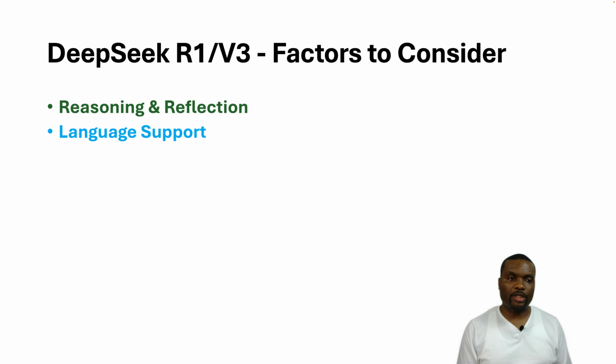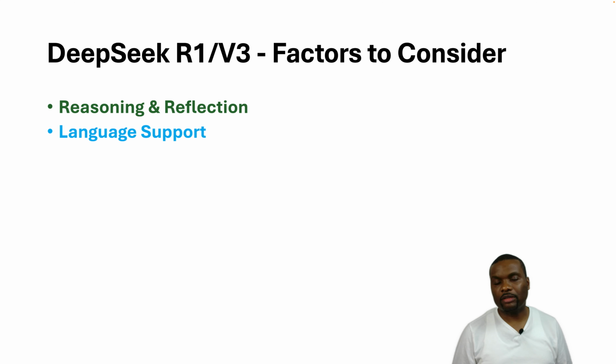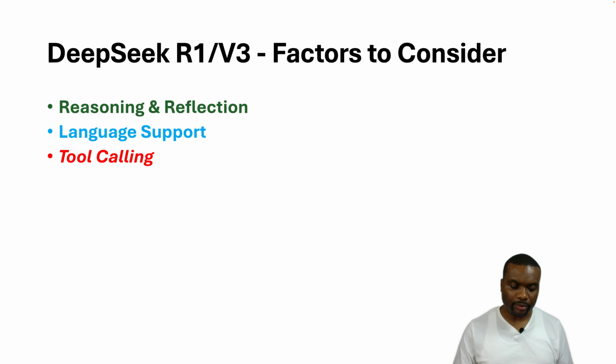Any other language, you're going to have to bring in a different language model to use alongside DeepSeek, maybe perform some kind of translation into Mandarin or English to make it work. But that just increases the complexity of the application, and it's not something that I would recommend you do.